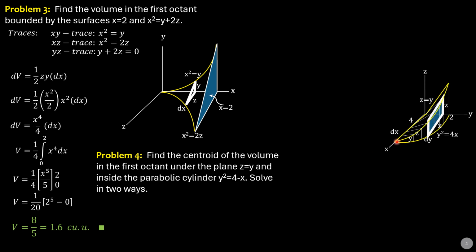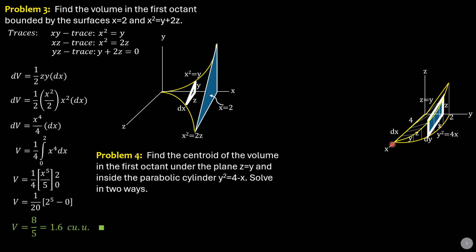So this is the graph of the parabola y squared equals 4 minus x. There are two values of y because it is y squared, positive y and negative y, but we only reveal the graph in the first octant, the positive one.